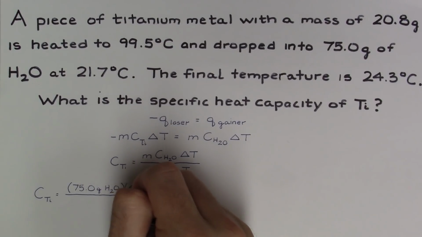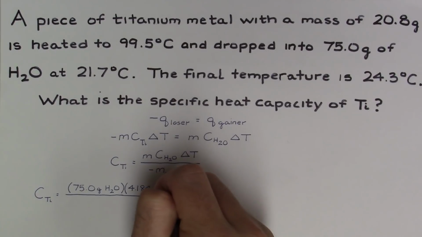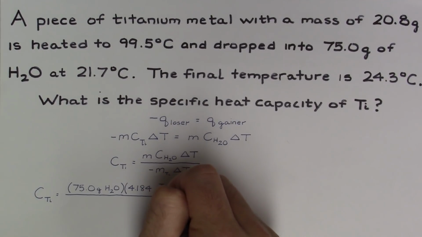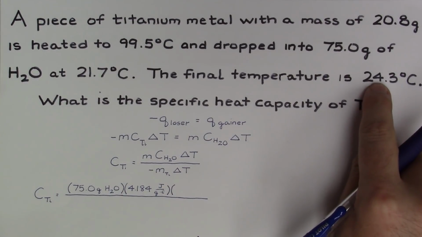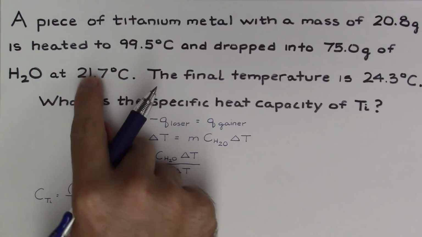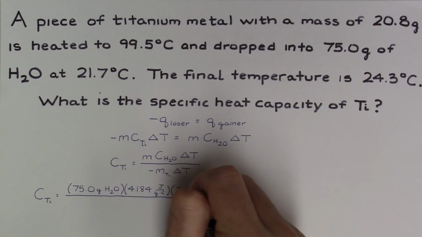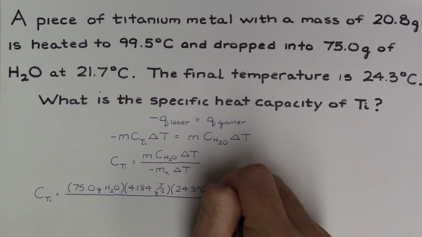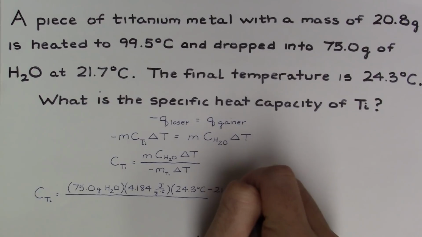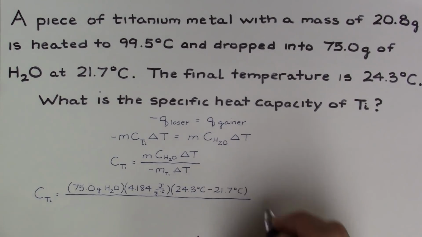This is a known value of 4.184 joules per gram degrees C. This is a value that you are expected to know. Now we need to go look at the temperature change of our water. Our final is 24.3. Our initial is 21.7. So we need to put in our 24.3 degrees first minus our 21.7 degrees C second.